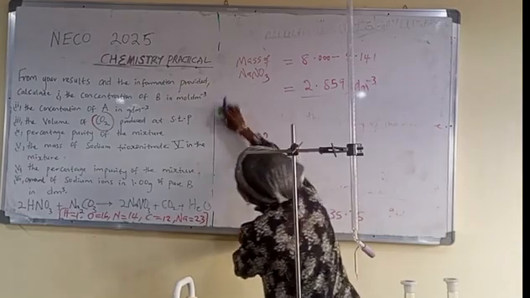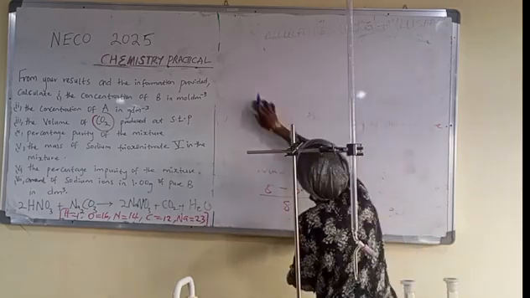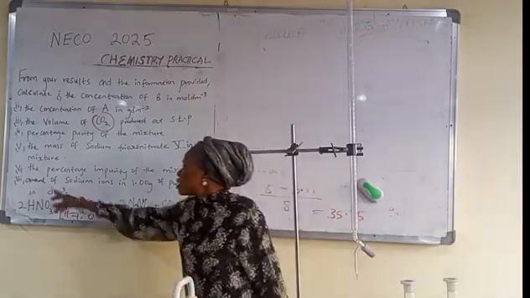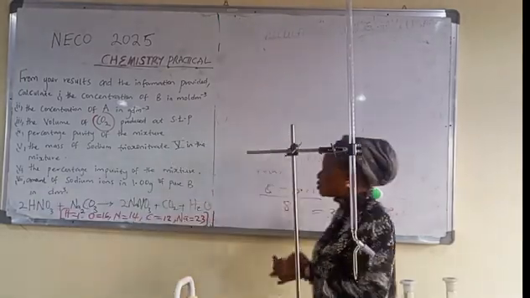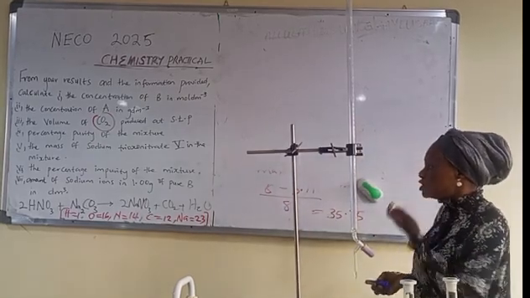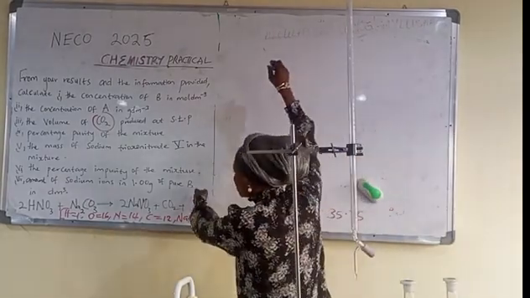Now to calculate the last one, as drafted for you as a preparatory class for this year's NECO. It says calculate the amount of sodium ions in 1.00 gram of pure B in 1 GMQ.